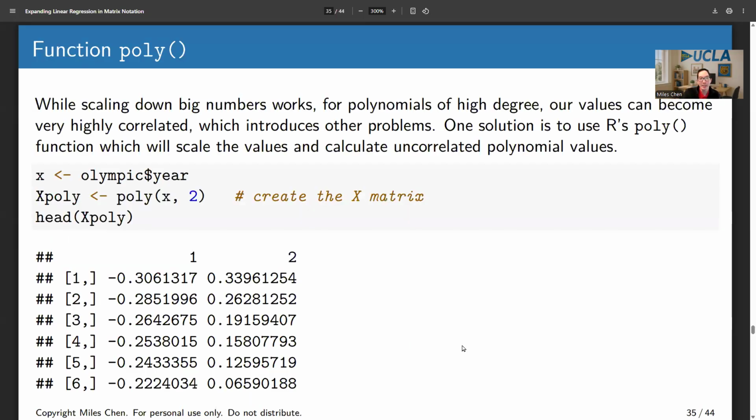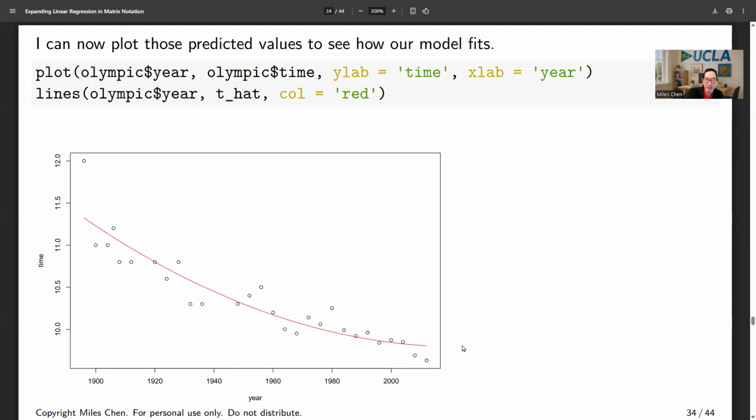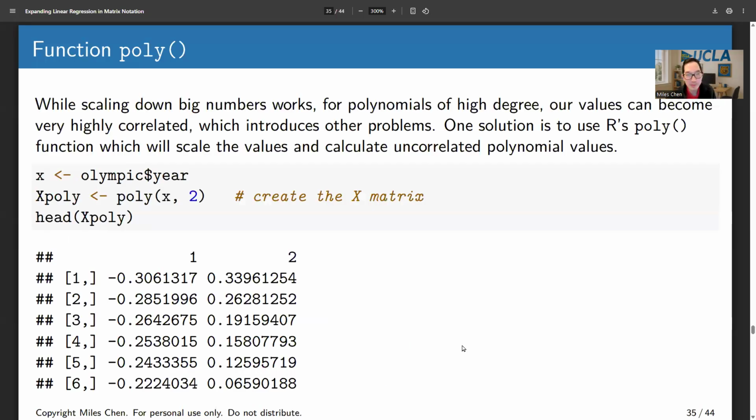Okay. So what if we want to do something like a third order polynomial, like a cubic term or something like that? We can do this, we can add a third column, but we start running into this issue of multicollinearity.